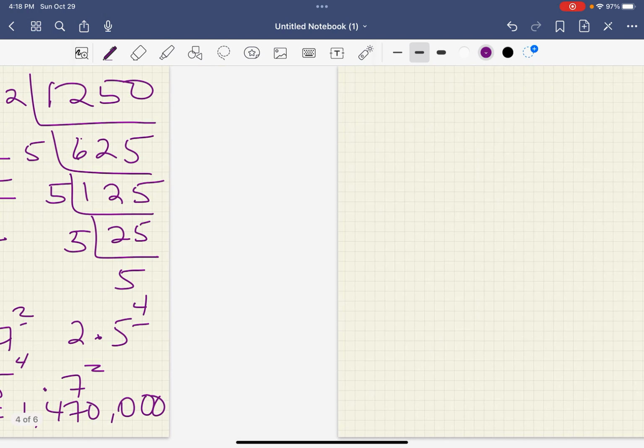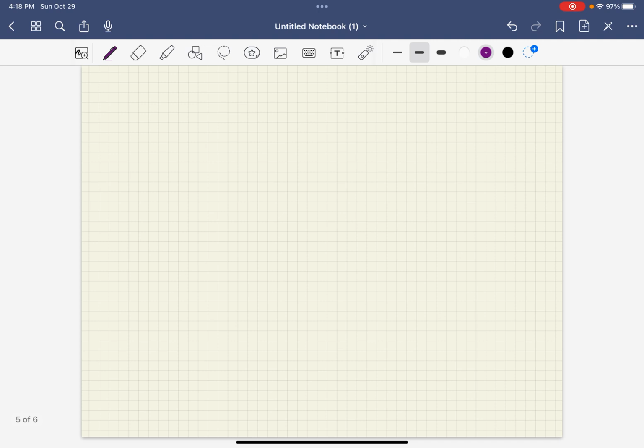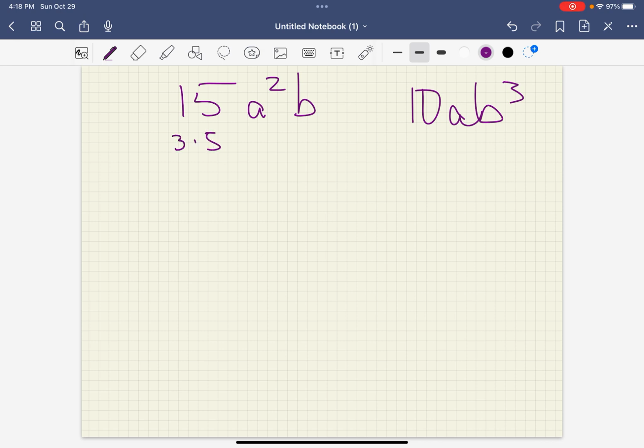Okay, the next one has numbers and variables. So we have 15 a squared b and 10 ab cubed. So this is 3 times 5 and this is 2 times 5. So we have to have a 2, a 3, and a 5. And each one of them is only there once, so that's it.